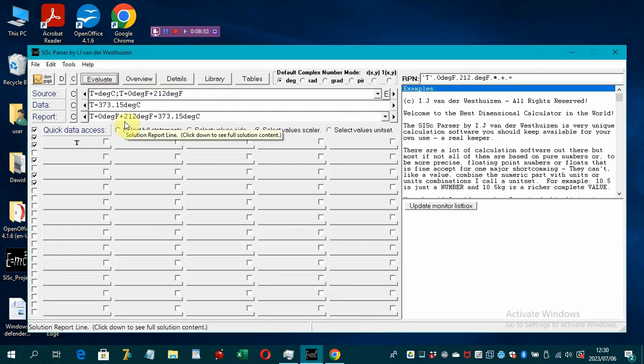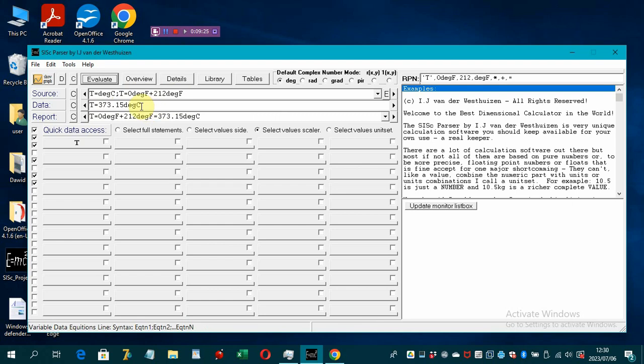Remember, this is relative temperature, scale to relative, so that is 373.15 degrees Celsius. That is correct. We've converted 0 degrees Fahrenheit plus 212 degrees Fahrenheit to temperature difference, and it gives a temperature difference of 373.15 Celsius.